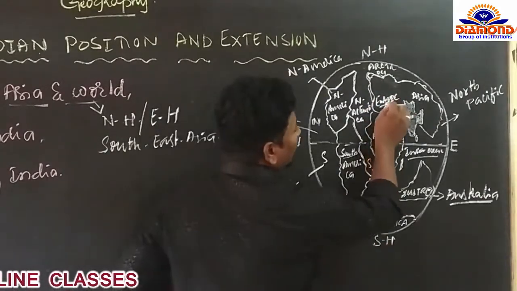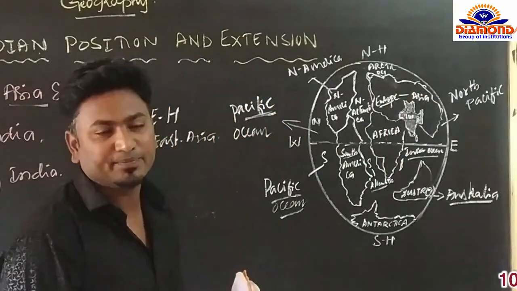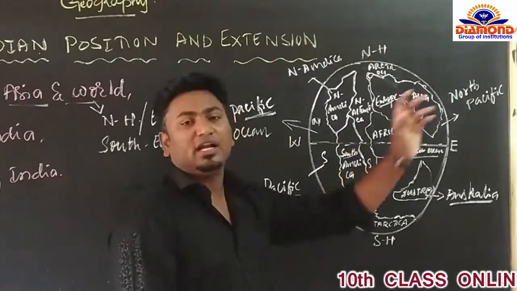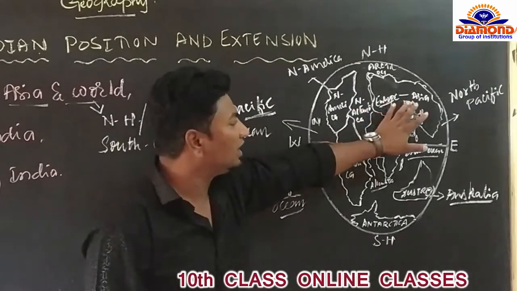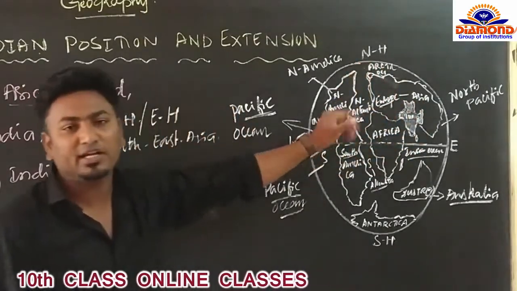The Europe continent and the Asia continent have a land connection. You heard in the first chapter, the advent of Europeans to India. So here you can see Europe and Asia are connected to each other.